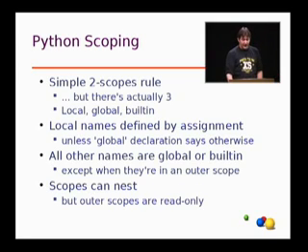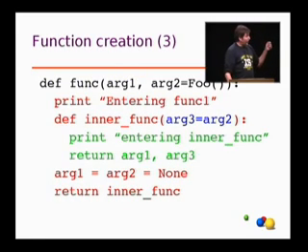There's also a trick with nested scopes, which were added later in Python, I think in Python 2.1. Where you can, as I pointed out before, refer in an inner function to a variable in an outer function. But that is only read-only. You cannot assign to a name in an outer function. This isn't really a mechanical problem in Python.